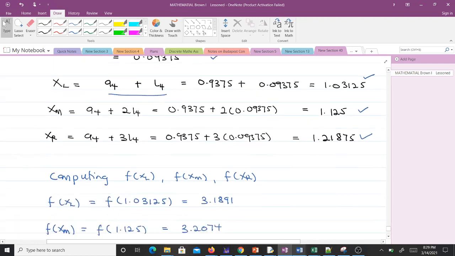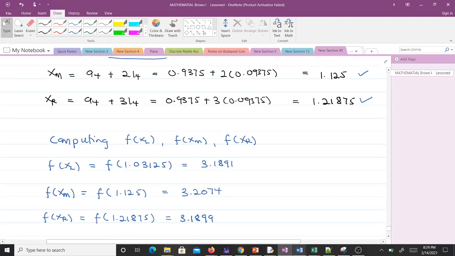So we then compute f of XL, f of XM, f of XR. So f of XL is f of 1.03125. Computing that gives you this. f of XM gives you this. And f of XR gives you this.